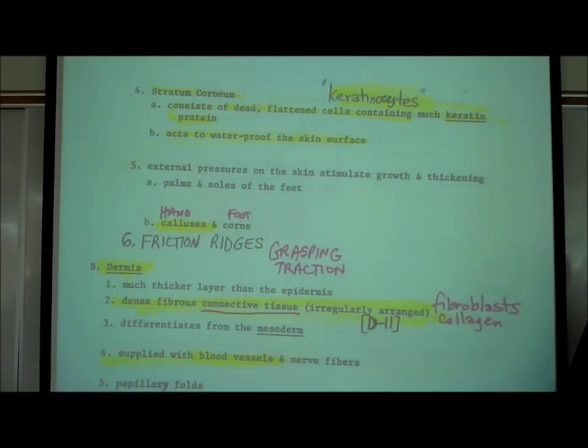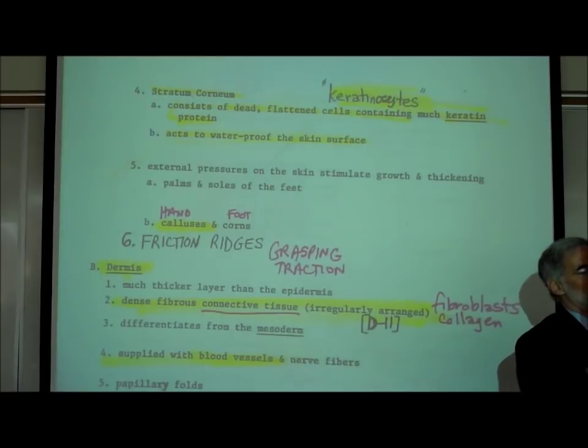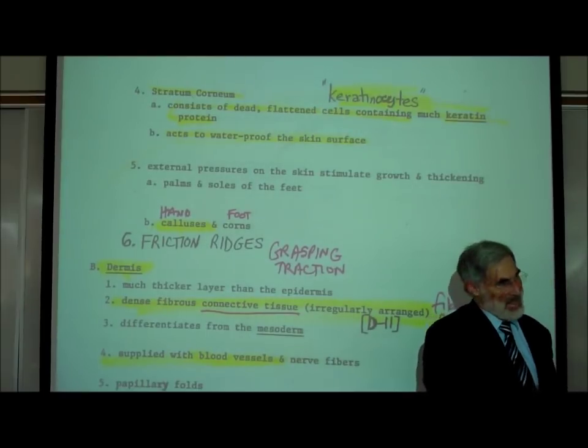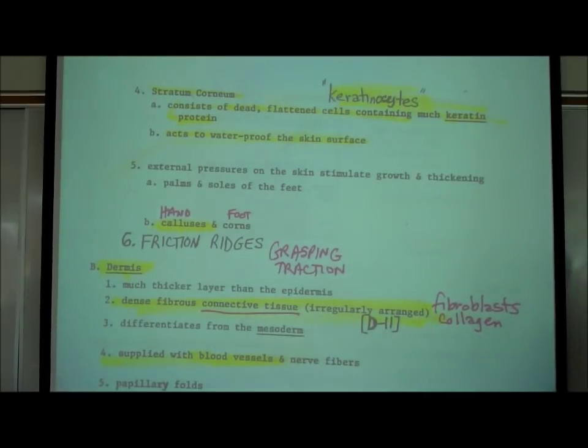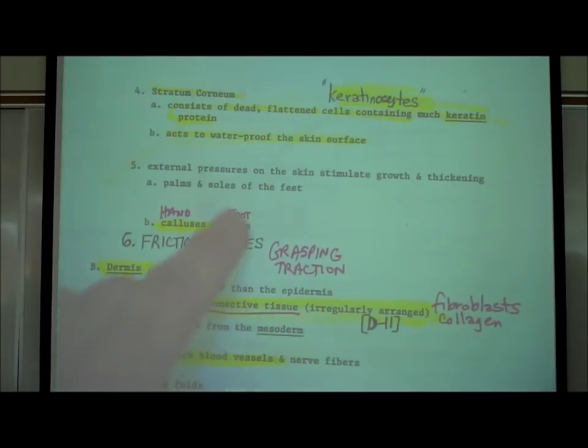Now, keratin is the same protein that makes up your nails. Your nails are pure keratin protein. And so this same protein is in these top dead cells. And that's what makes the top layer waterproof, because they contain this kind of protein called keratin. And that's why they're called keratinocytes.